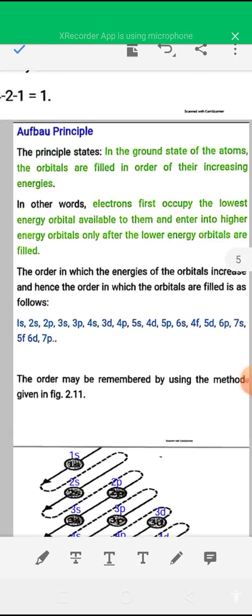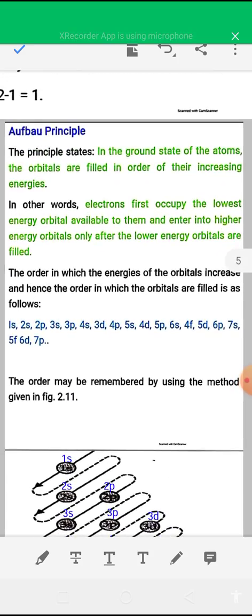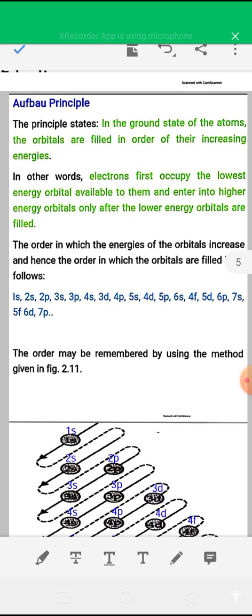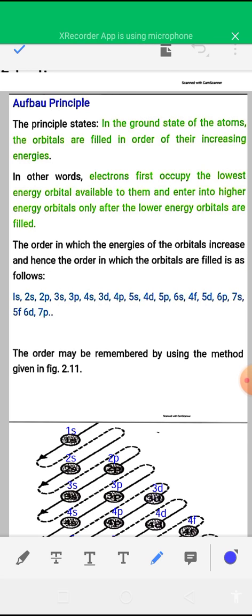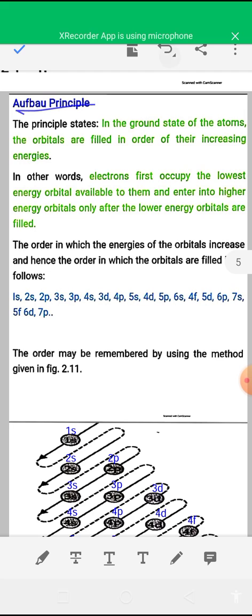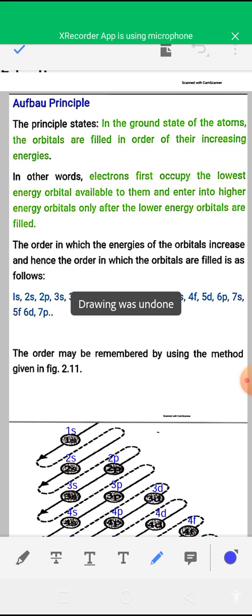Now I'll discuss three basic important principles or rules, and using these rules you can write the electronic configuration of different elements. The first rule is the Aufbau principle, a very important principle.